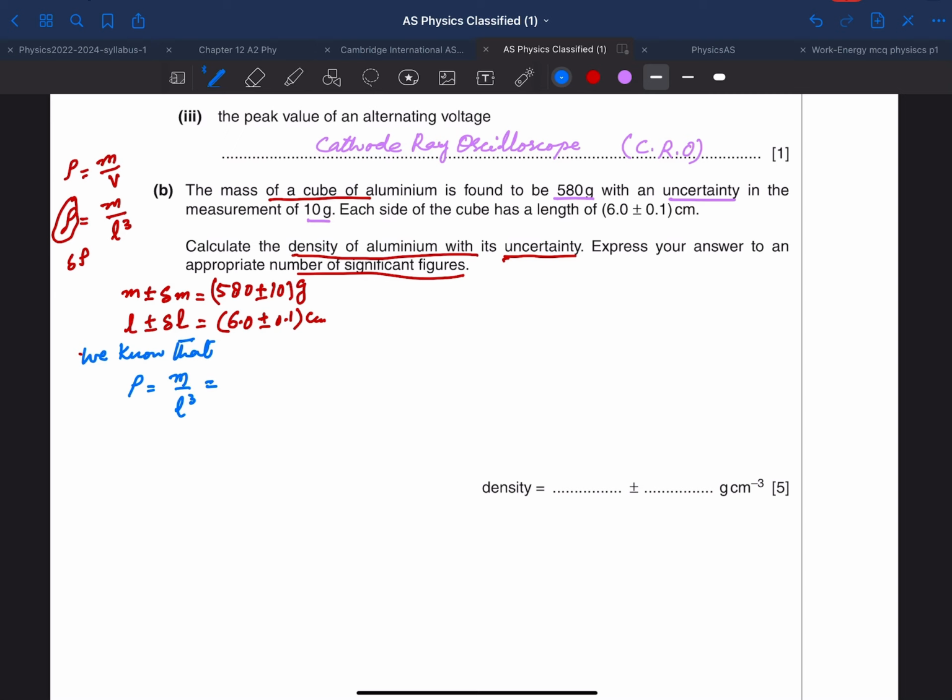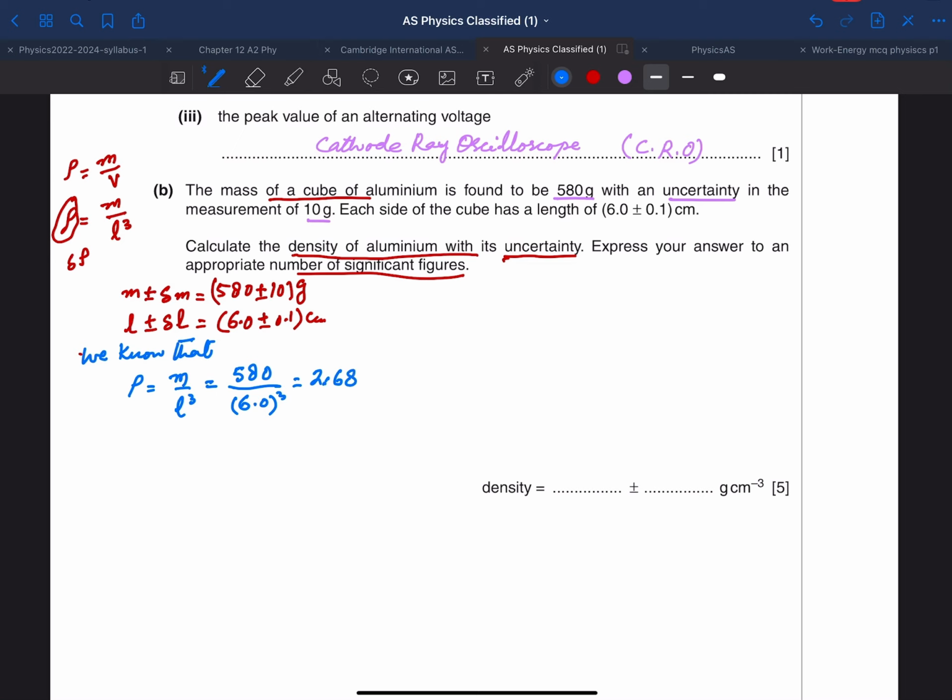So simply we can write here that the value of mass is given as 580, and the value of length is given as 6. So you will have 6 to the power 3, and when you calculate this result, approximately 2.68 is the value you are getting.